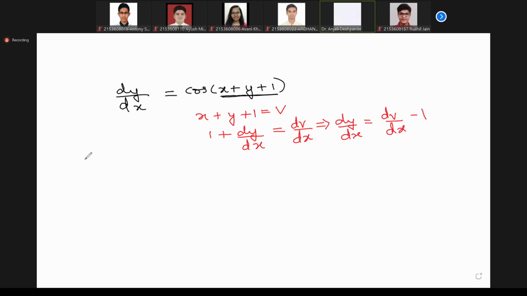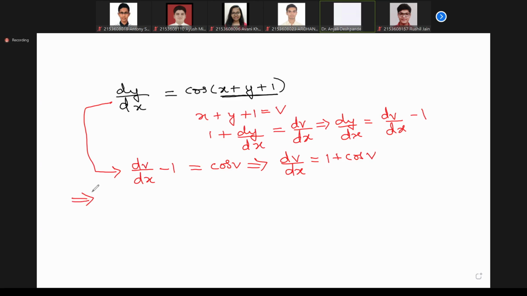Now we can just substitute over here. So this will become dv by dx minus 1 is equal to cos v. And now you can easily write dv by dx is equal to 1 plus cos v. As you can see, this is easily written in the variable separable form.